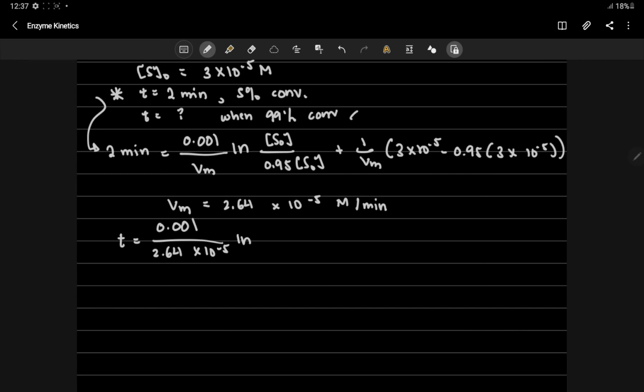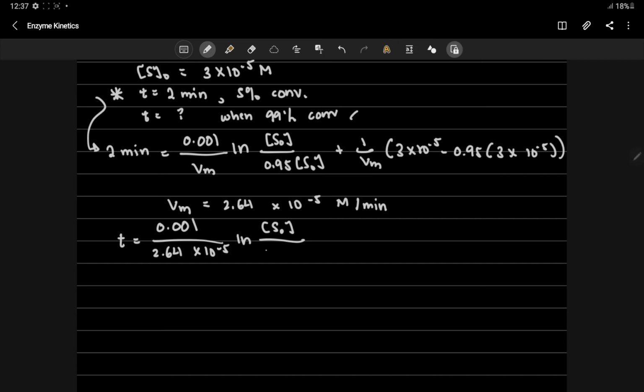Ln, okay, of so, meron tayong initial. Right? Pero ang conversion natin ay 99%. So at the end of the process, since 99% yung conversion, anong matitirang amount ni substrate?